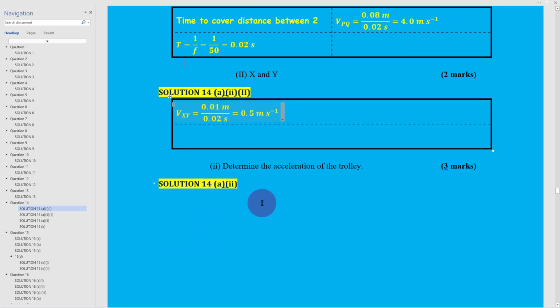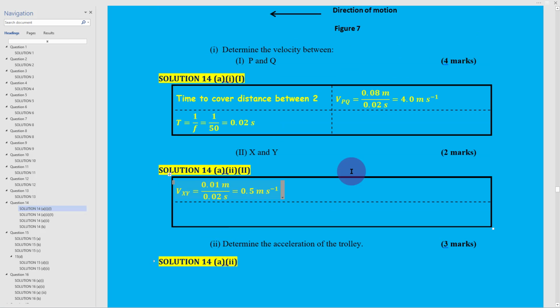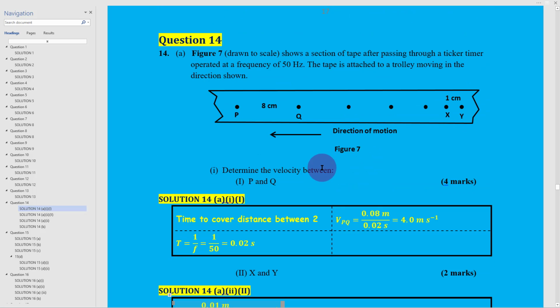The other part is to determine the acceleration of the trolley. Now, this is it. Given that this is the direction of motion of the trolley, it means that this trolley was connected here, so that when it pulls this tape, this becomes the first part to go through the ticker timer. So this part here, XY, occurred later.